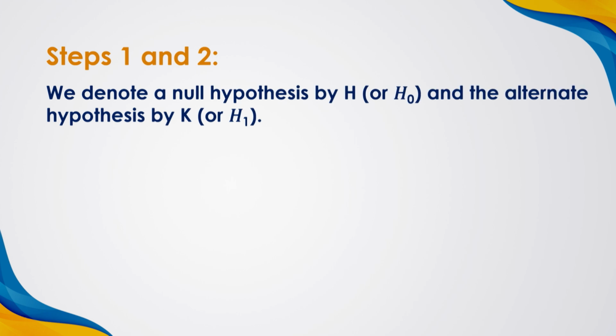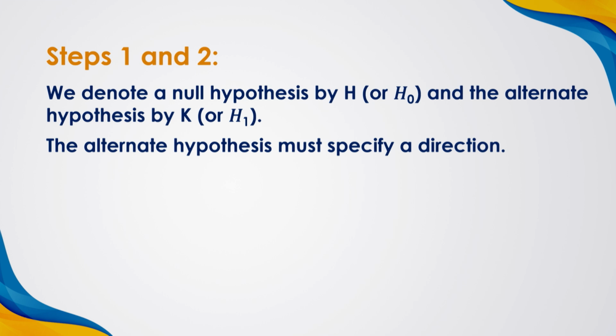We denote a null hypothesis by capital H or H suffix 0 and the alternate hypothesis by K or capital H suffix 1. The alternate hypothesis must specify a direction.